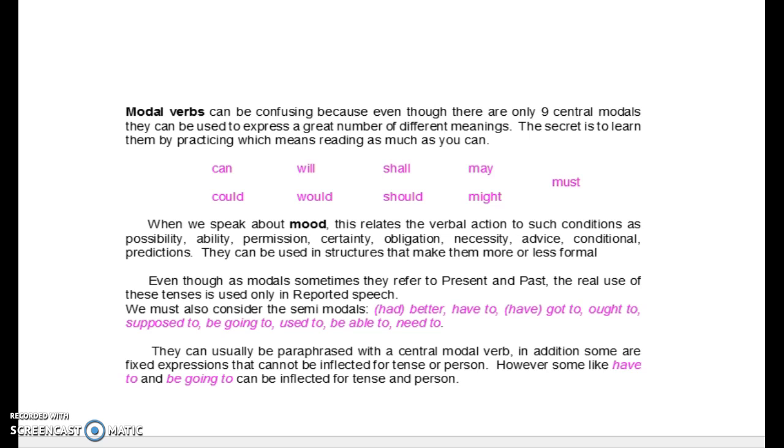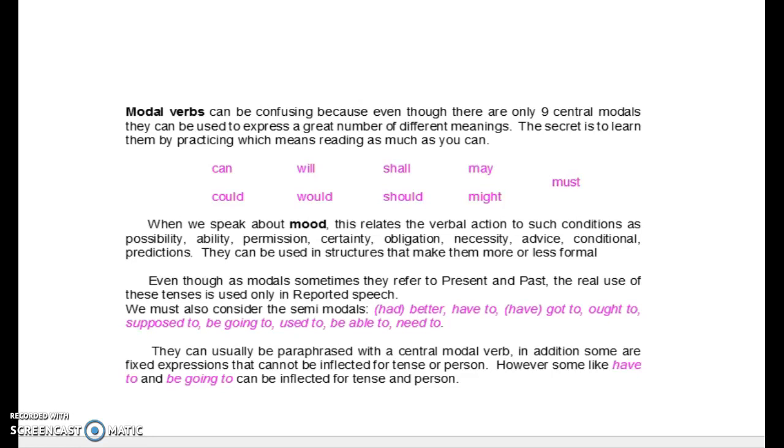That's why I said that they were confusing and complicated a bit, because they can be used in a lot of different ways. There are only 9 central modal verbs. You have can and could, will and would, shall and should, may and might, and must. Must goes by itself. The others, as you will see, can be used as present or past.